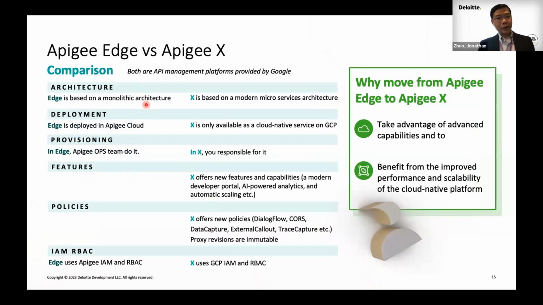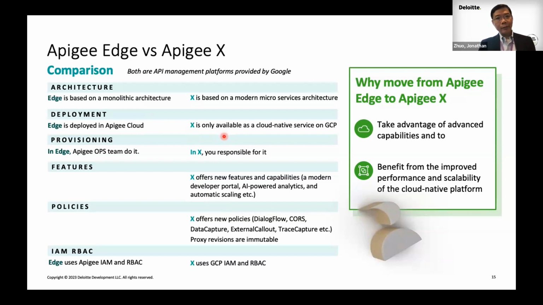From deployment perspective, Edge is deployed in Apigee Cloud, and X is only available as a cloud-native service on GCP. In terms of provisioning, in Edge, Apigee Ops team do it for you, but in X, you are responsible for configuring it. In terms of features, X offers new features and capabilities, and X also offers new policies.